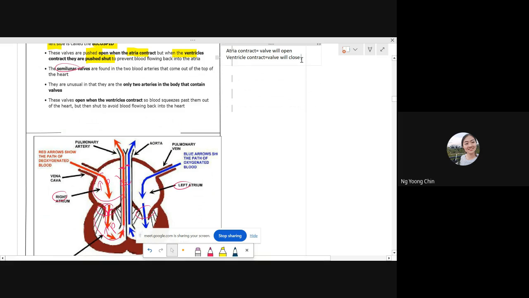So you can see that when the ventricle contracts, the atrioventricular valves, which are the bicuspid valve and the tricuspid valve, will close. But the blood will flow from the right ventricle to the pulmonary artery. From the left ventricle, it will enter into the aorta.